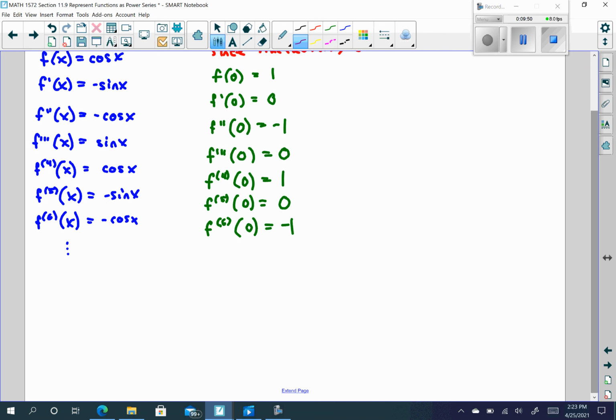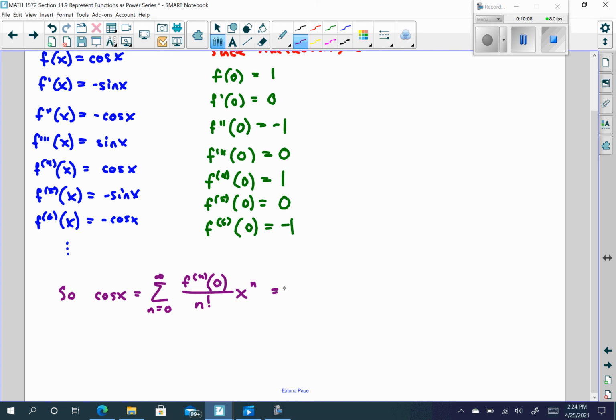We would say cosine of x is now equal to the sum as n goes from 0 to infinity of the nth derivative of f of 0 over n factorial times x to the nth power. Well, because these are all different, I need to write these out.